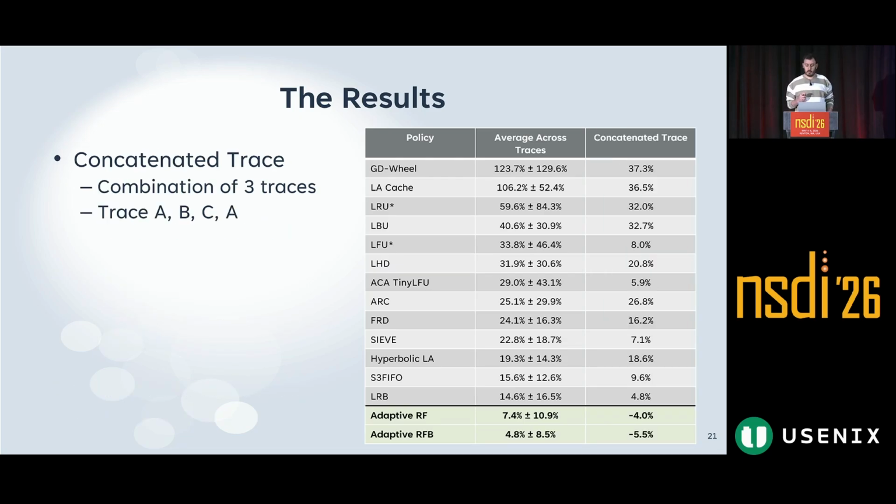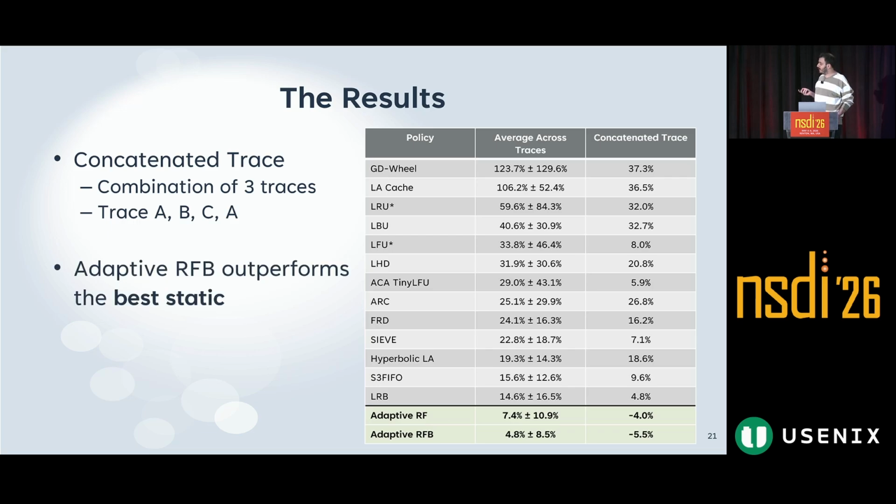The last thing I want to show is another experiment that we conducted in order to understand better the behavior of the cache when it needs to adapt. So what we have done, we've taken three traces, we call them trace A, B, and C, and we concatenated them into one trace. Trace A, trace B, trace A again, and now we get a trace that changes rapidly across the workload.